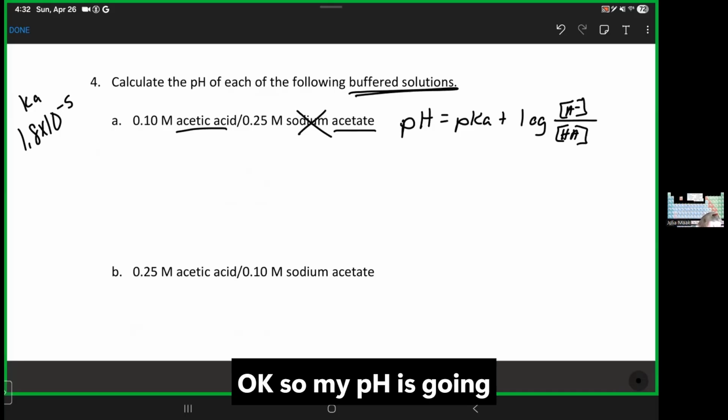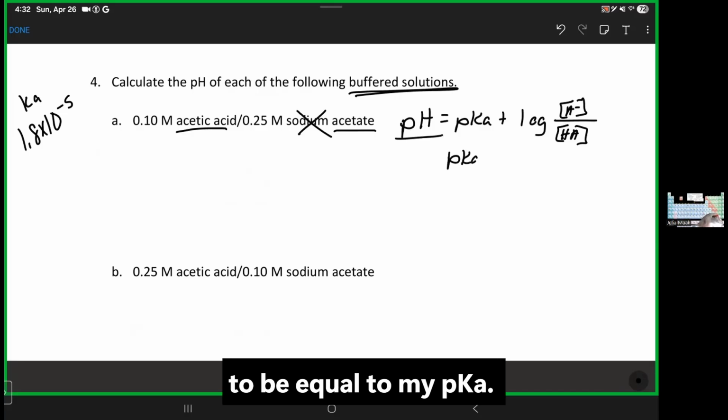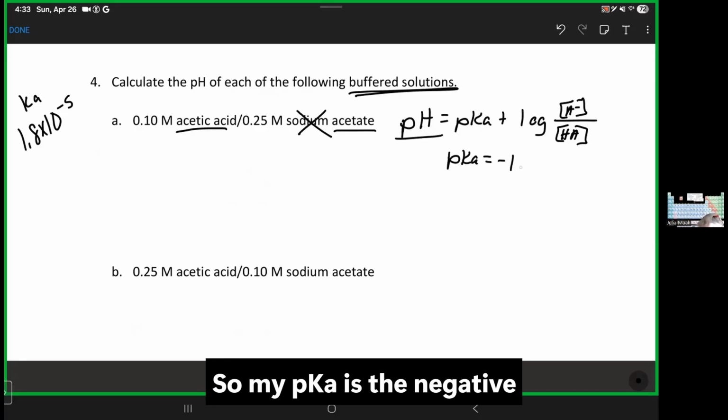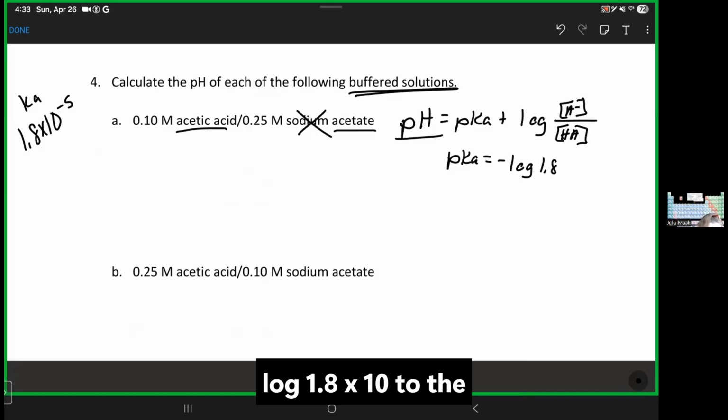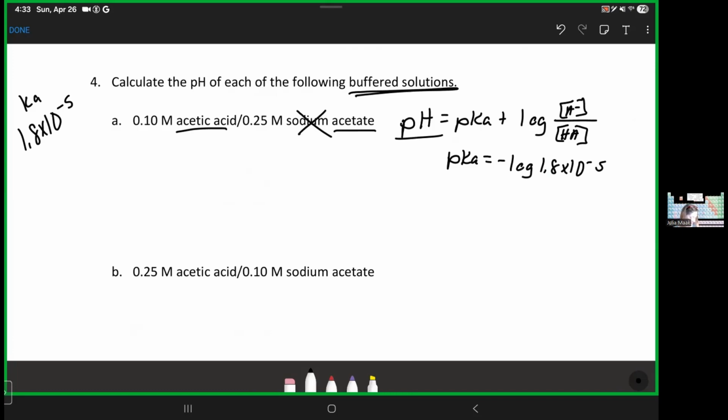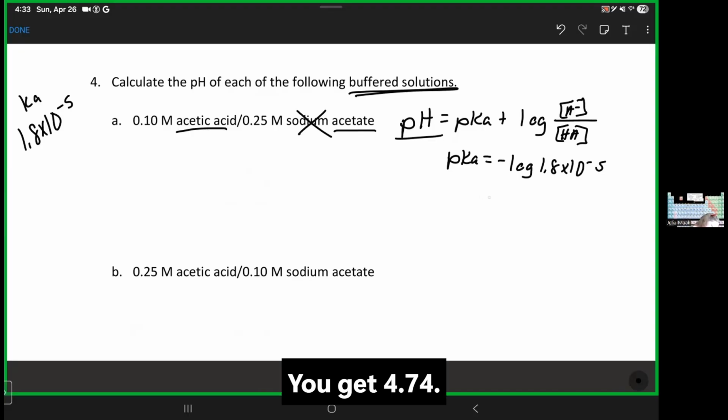Okay, so my pH is going to be equal to my pKa. So my pKa is the negative log of 1.8 times 10 to the negative 5. Oh, that's not right. I get 4.74.